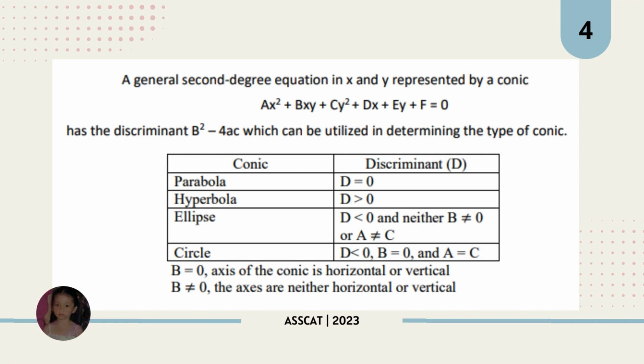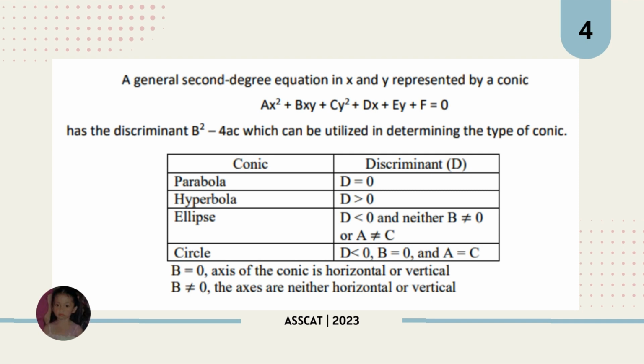If the discriminant is equal to 0, then it is a parabola, and if the discriminant is greater than 0, then it is a hyperbola. And if the discriminant is less than 0 and either b is not equal to 0 or a is not equal to c, then it is an ellipse.